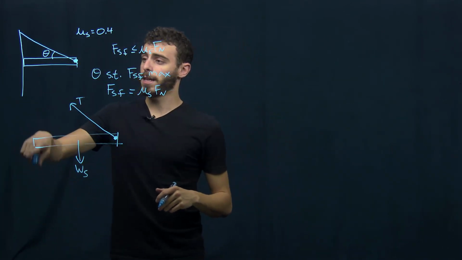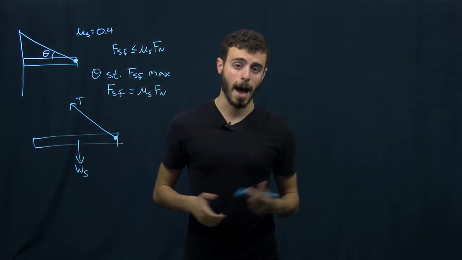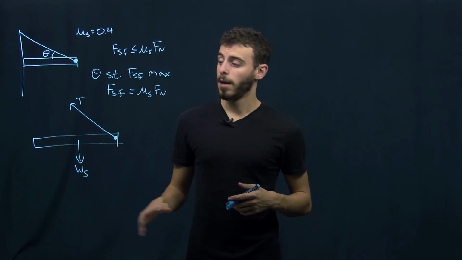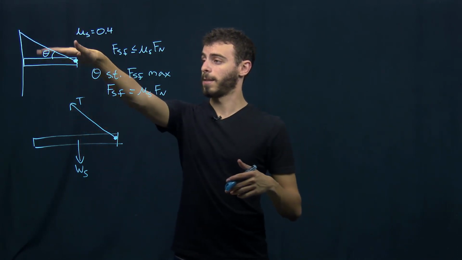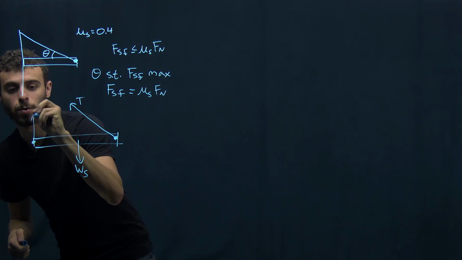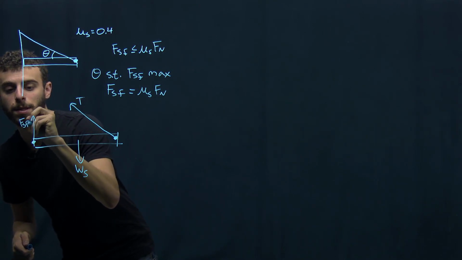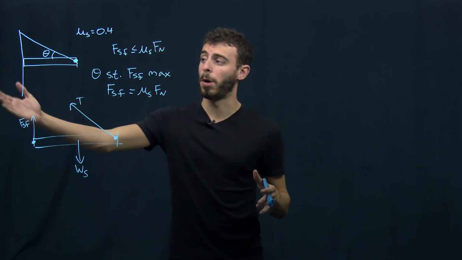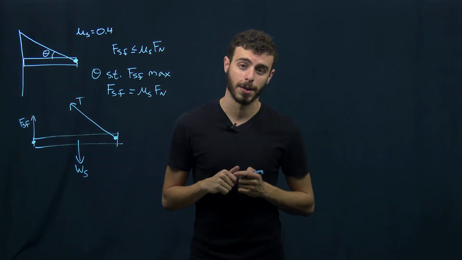And then here at this point of contact with the wall, we have a couple of forces that might be a little bit trickier to solve for. We first of all see that this is not slipping down, so there must be some friction force here, which will be applied upwards to keep this from falling. And there's actually going to be a normal force from the wall as well, pushing out on this meter stick.